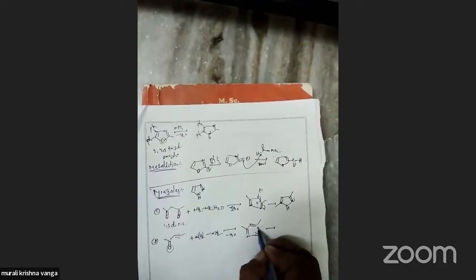Now it undergoes a Michael addition reaction. Then pyrroles are the product.